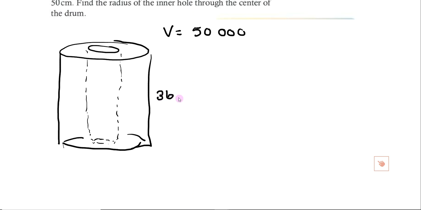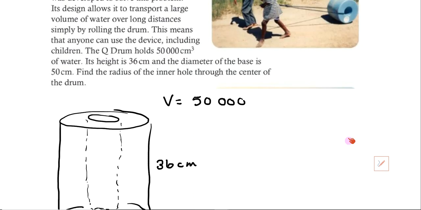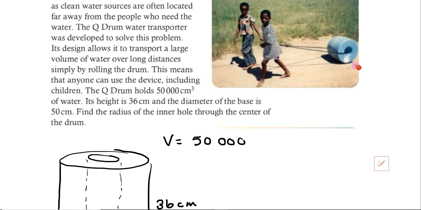Now, you look in the picture and you have to think, well, what is the height? A couple of you asked that. Is the height from the ground up? Because in the picture, it might be that that's the height. It's not. But it already tells us in another piece of information that the diameter of the base is 50 centimetres.